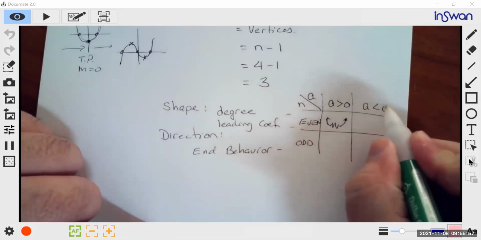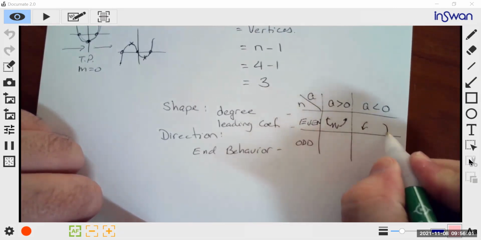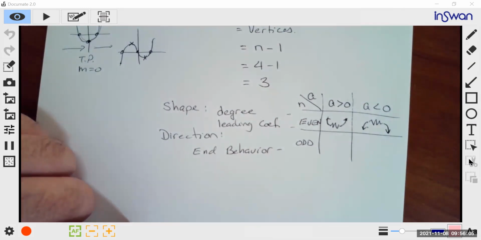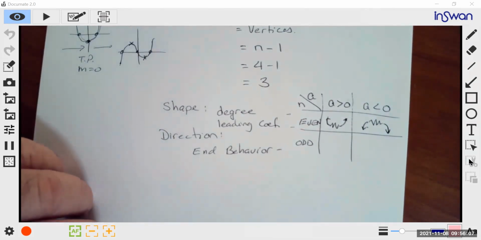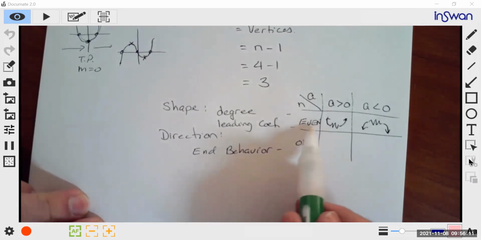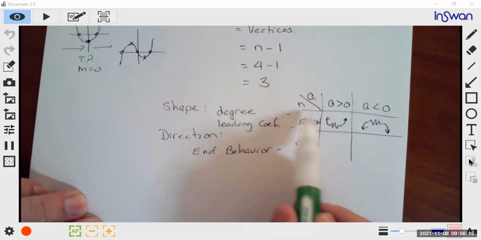If a is negative, then both ends point down. Whatever happens in the middle, that's another story. So we know by looking at the leading term only.